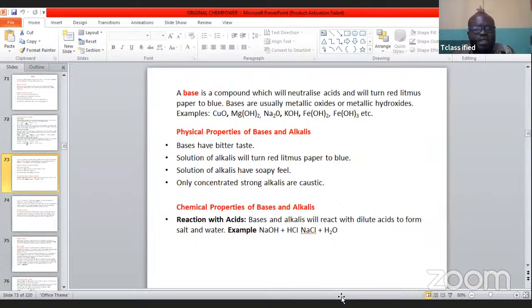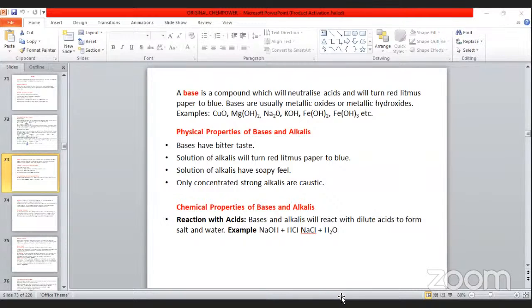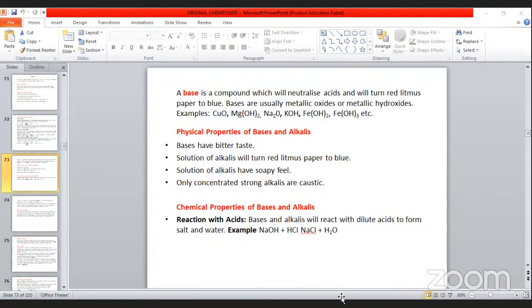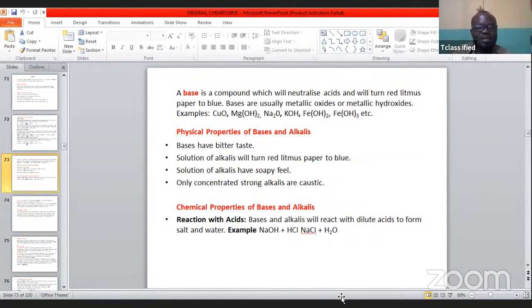They have a bitter taste and they turn red litmus blue. You can see this is actually covered in what I said so far already. The answer is blue, isn't it? Yes. Okay.